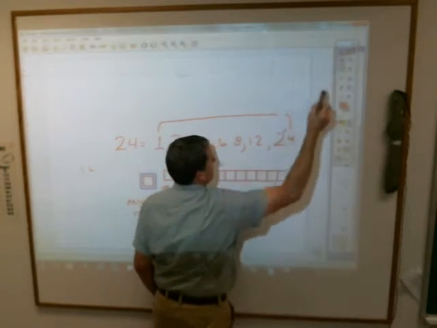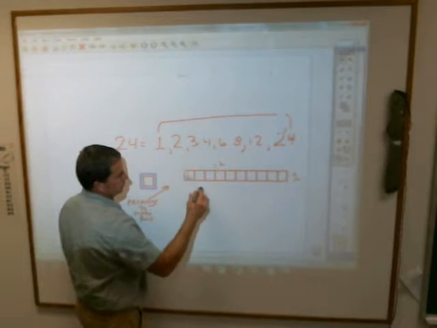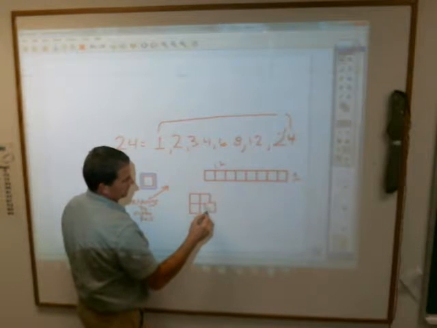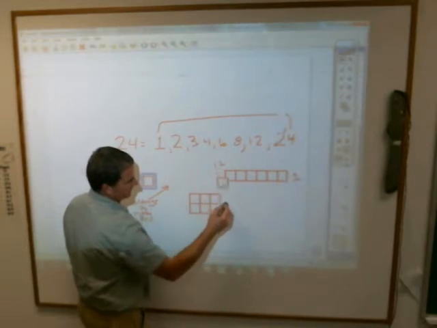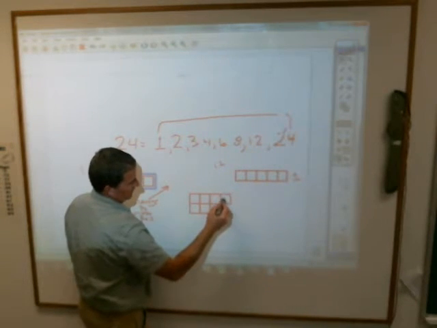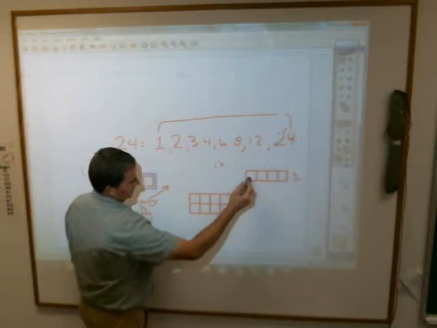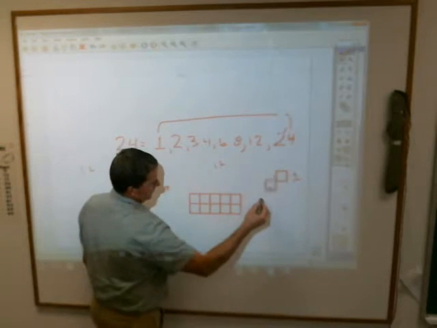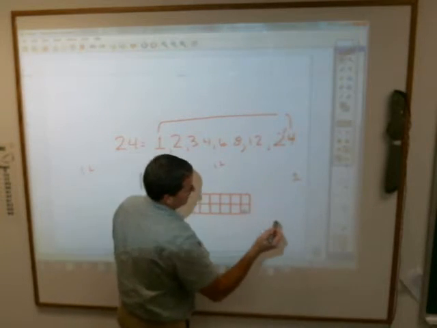But you could rearrange these to make a 2 by what? 2 by 4 will not give you 12. 2 by 5 will give you 10. 2 by 6. You have to use all the squares to try to make a new rectangle. And you end up with a 6 by 2 rectangle, or 2 by 6.